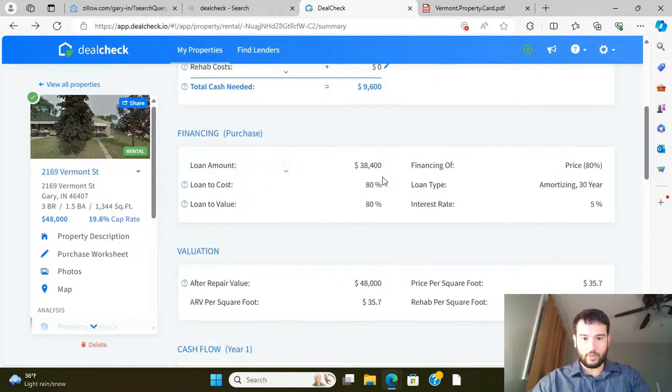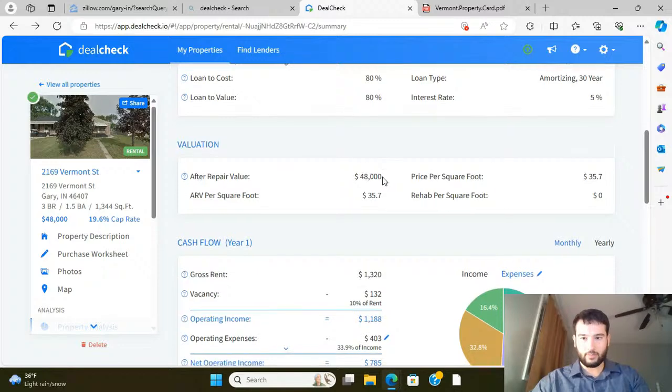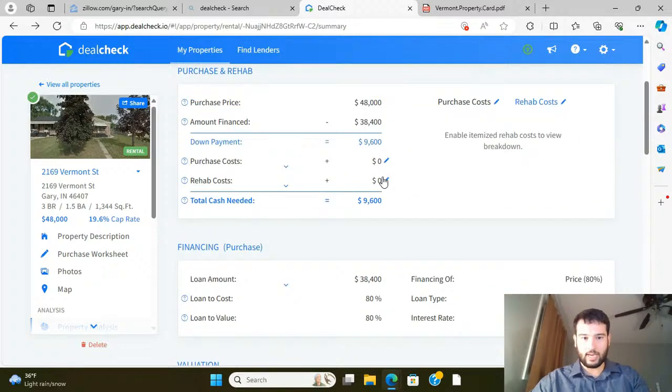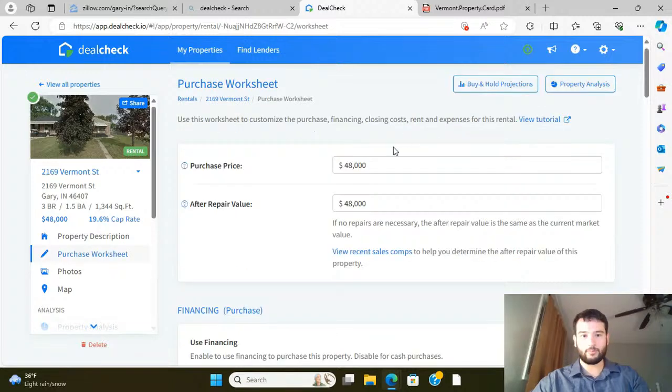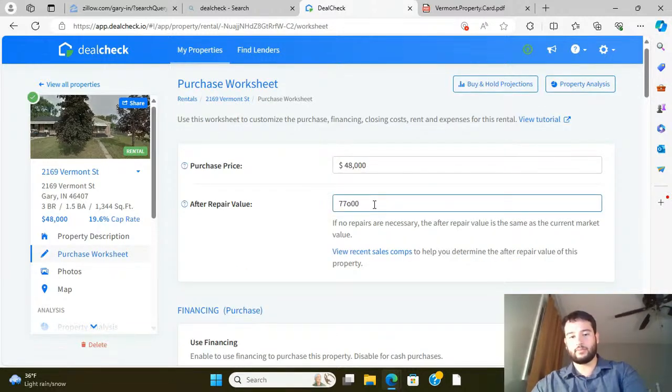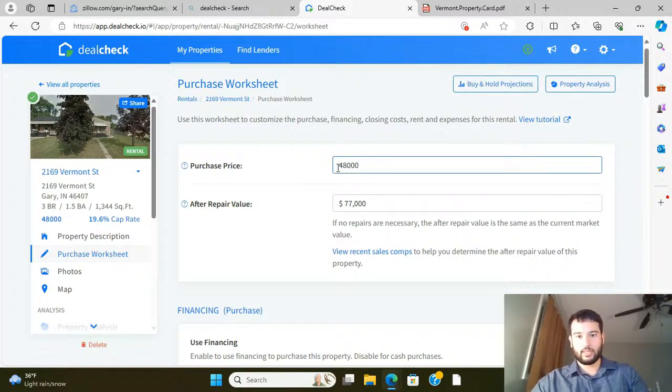Shouldn't there be a spot to edit the valuation price? Because I would definitely, there we go. So after repaired value, we're going to say is 77,000. Current value, I think that anything in the 40s is too high. To get a good price on this, I would assume half of what the current ARV is.